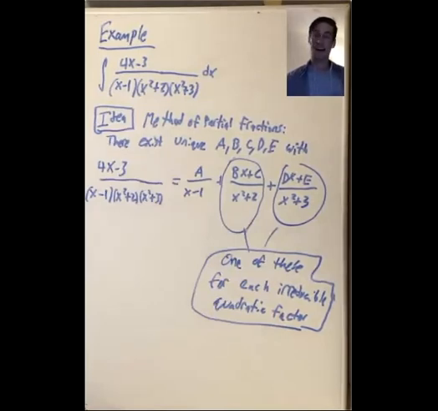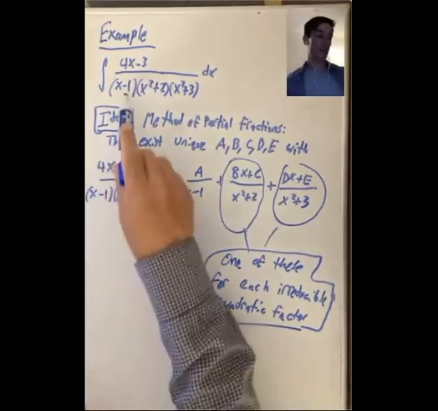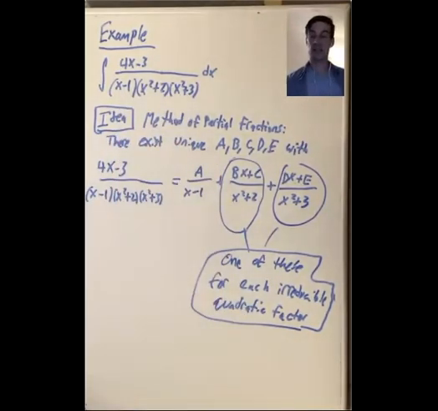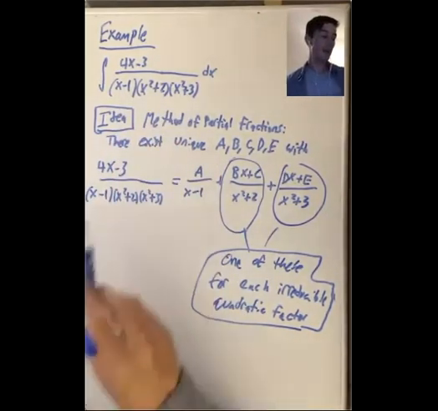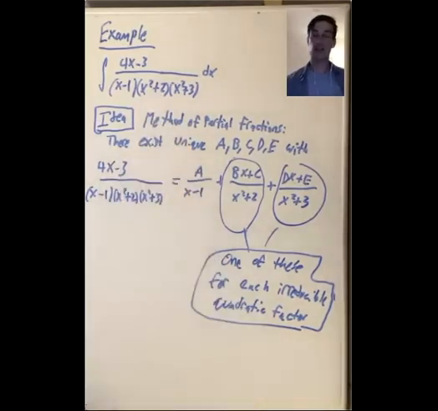So let me also point out, there are much more complicated looking denominators like this out here. Maybe you have an irreducible quadratic factor squared or cubed or to an even higher power. Maybe you have an irreducible cubic factor. In all of those cases, there is some way to understand how to integrate those rational functions using some kind of partial fractions idea.